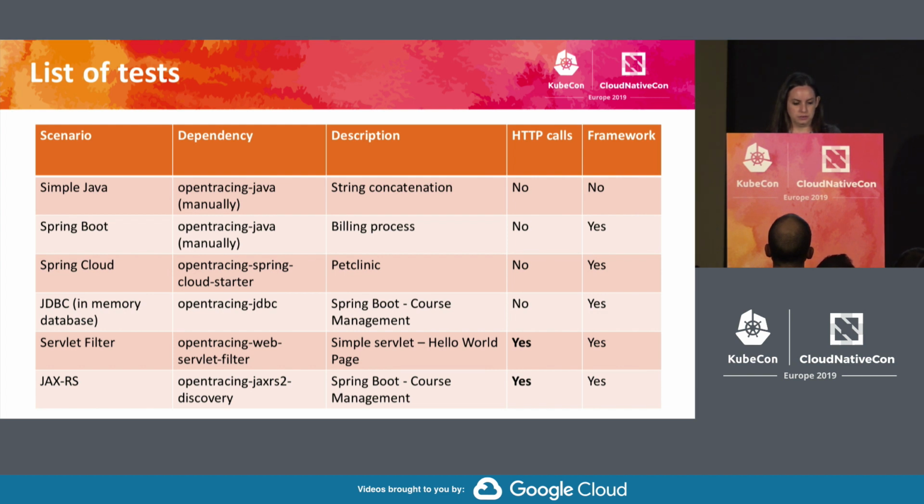Then we have a Spring Boot project. We did the instrumentation manually too. In this project, we simulate a billing process, like generate line items, notify the customer, calculate the taxes, etc. Another test is the Spring Boot one, and here we use the dependency OpenTracing Spring Cloud Starter.